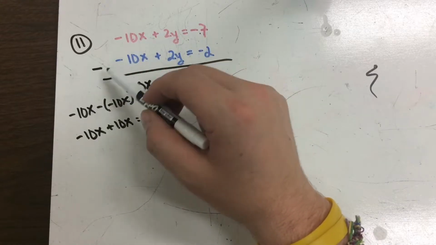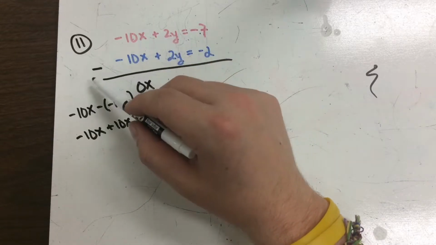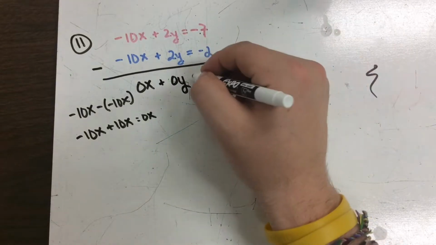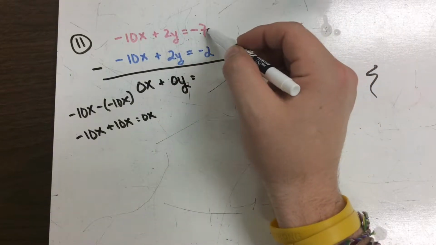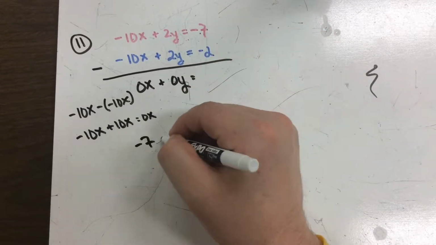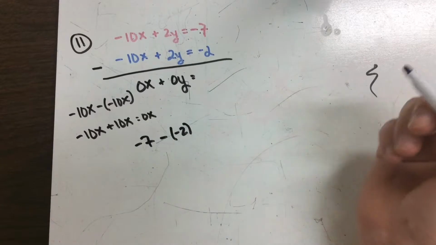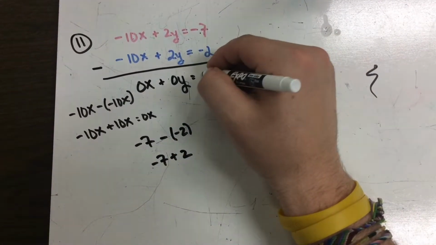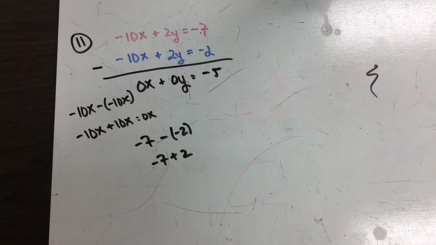Just make sure you're going to do it right. So 2y minus 2y is going to be 0y. And lastly, we have negative 7 minus negative 2, or negative 7 plus 2, which is going to give me negative 5.